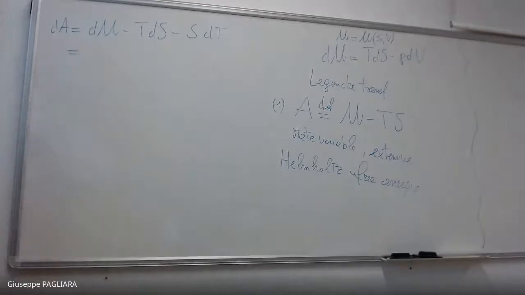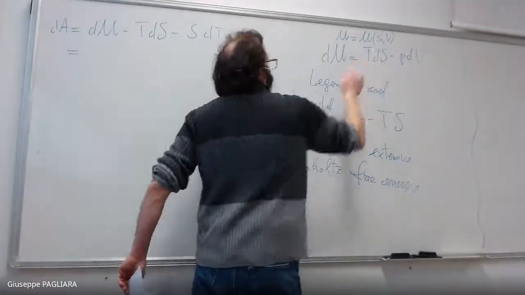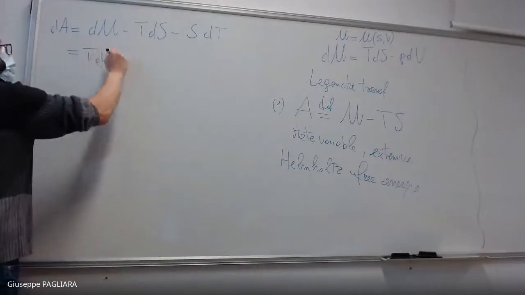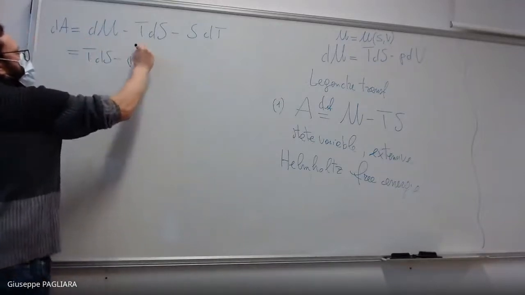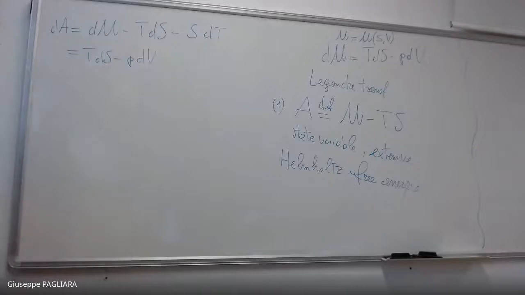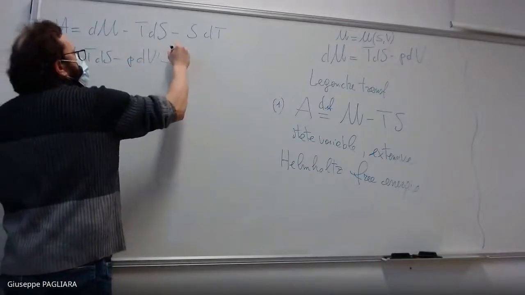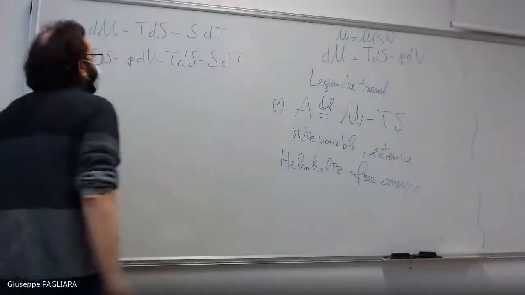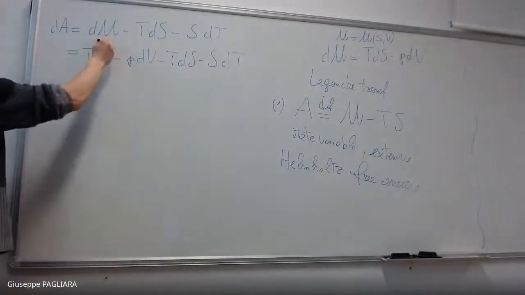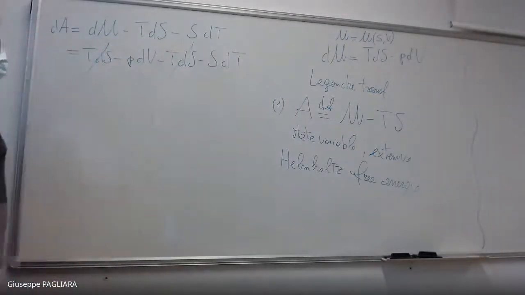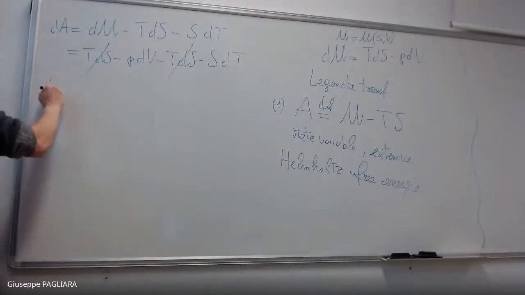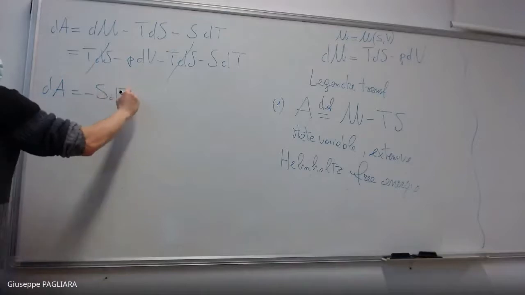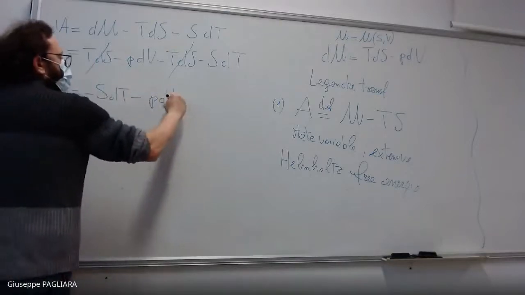Now dU is written here, so this is TdS minus PdV, and this is dU, then I have a minus TdS minus S dT. So TdS should go away, therefore you see that dA is minus S dT minus PdV.